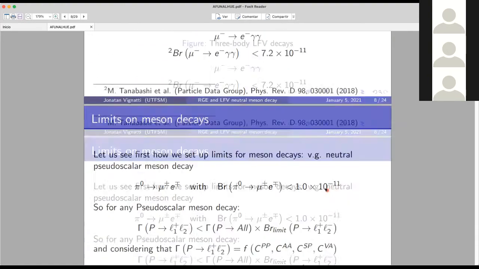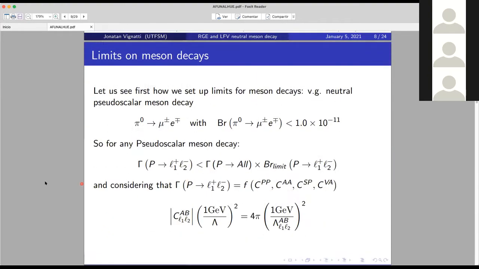So next is how we put some limits on meson decay. For example, take the neutral meson decay to mu electron. We have from the experiment the upper limit on the branching ratio for this process, which is around this order. So for any pseudo-scalar meson decay, we can generalize.